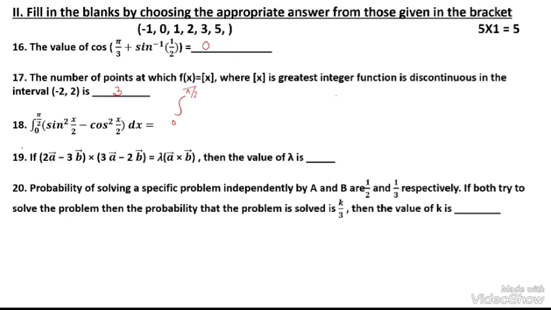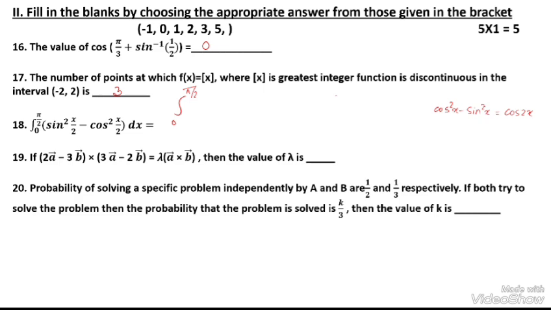Here, sin square x by 2 plus cos square x by 2 are there. We know the formula: cos square x minus sin square x is equal to cos 2x. This is the famous formula for cos 2x.